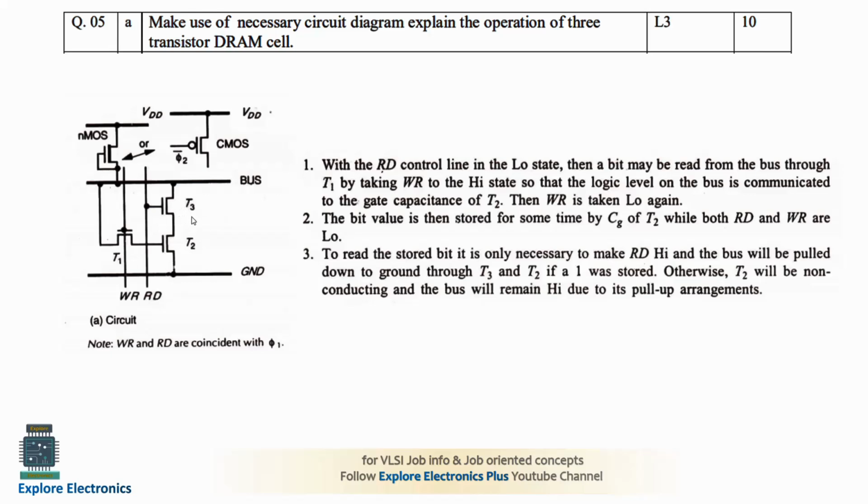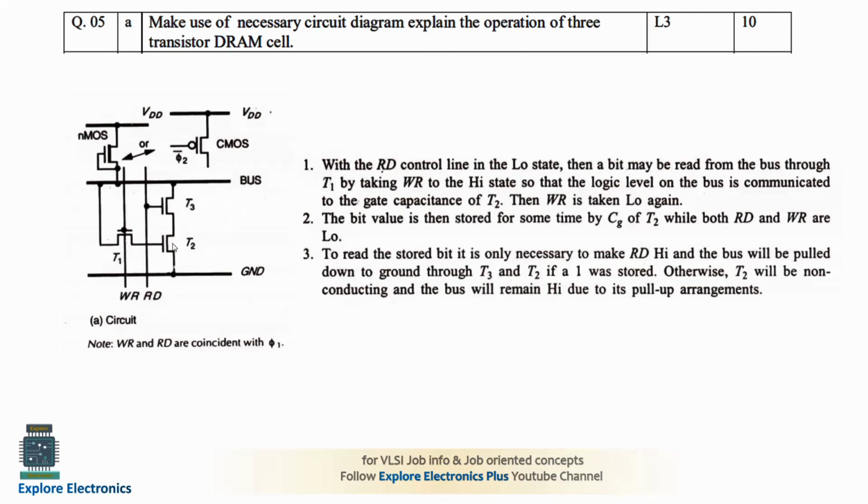So in this case, the bus will get a direct connection established to the ground signal. So that's why the bus will be pulled to 0. Means we have stored 1 over here. That's why T2 is on and T3 is on because we are reading the data, and the bus will get a direct connection to ground and will be pulled to 0. If we get 0 at the bus, it means we are reading 1.